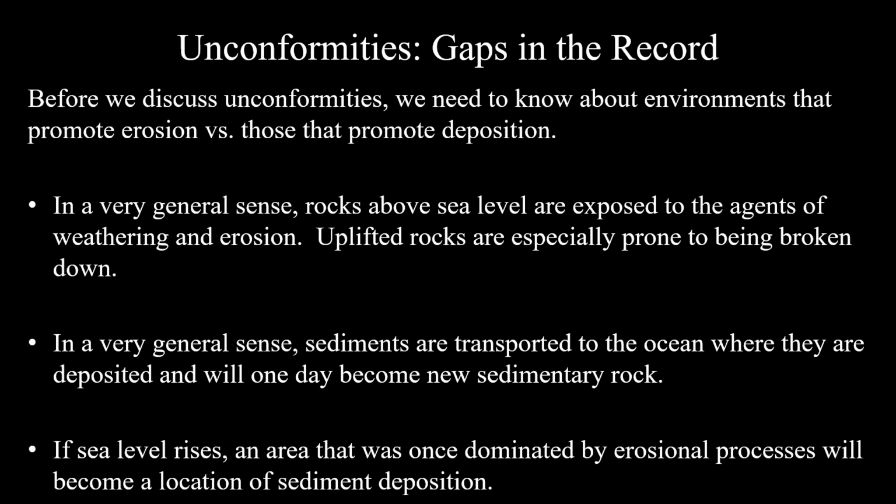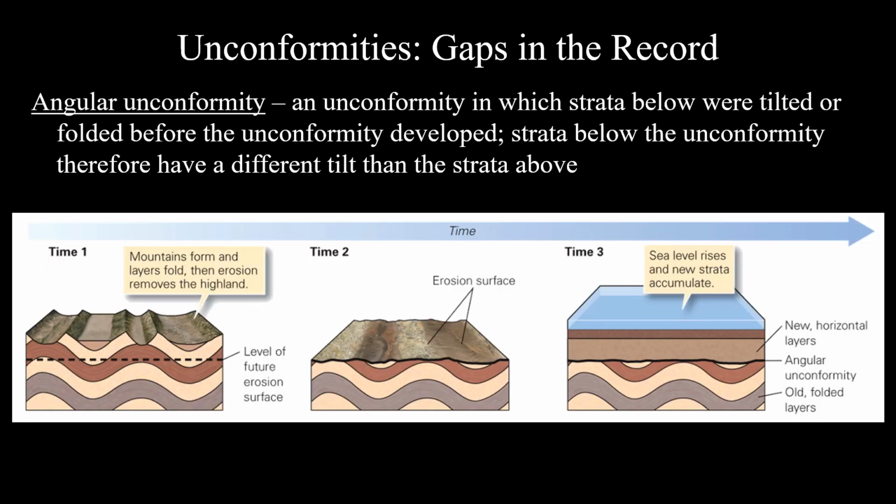So it's just something to keep in mind, that we're always going to have these unconformities. There's always going to be missing time. One of the ways we're going to get around this is we're going to start to piece together bits of information from lots of locations all around the planet, such that we can fill in these gaps in time, or these missing pages in the book of the history of the Earth.